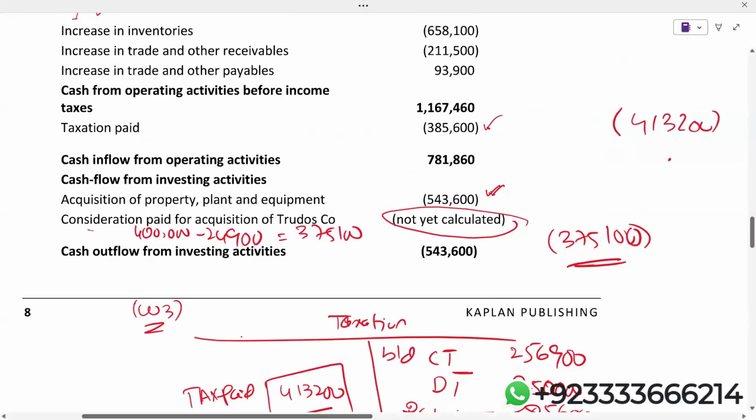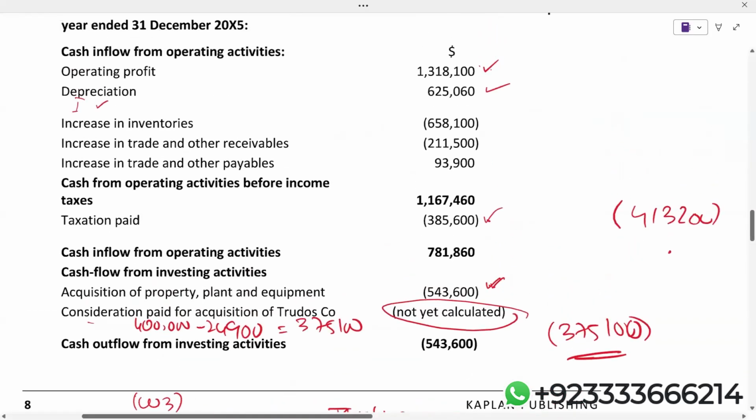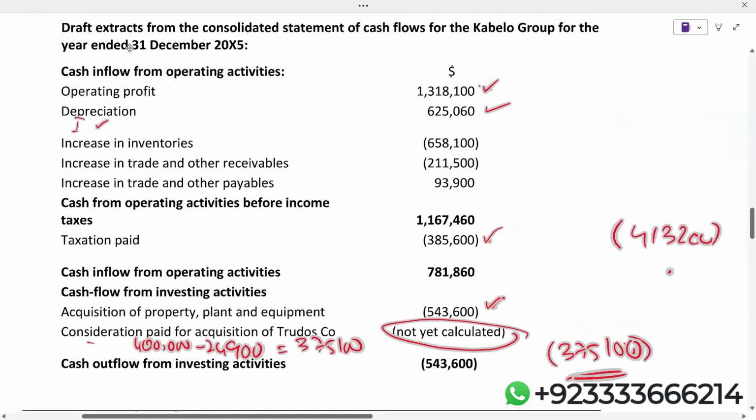Okay, now let's deal with inventories, trade and other receivables and payables. Now try to deal with that. Students, if you recall the concept I gave you at the start of the class: if during the year I have acquired a subsidiary, then of course the impact of inventory, receivable and payable will be in the closing balances.